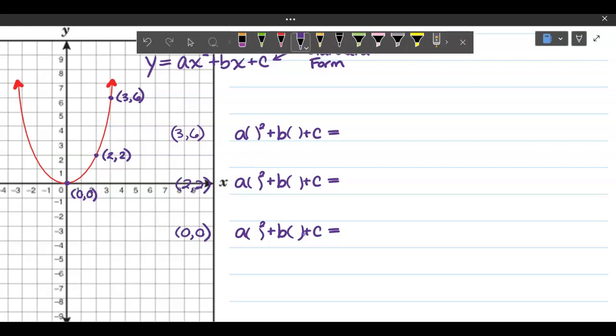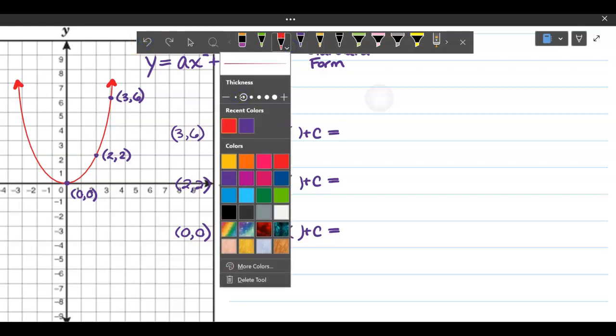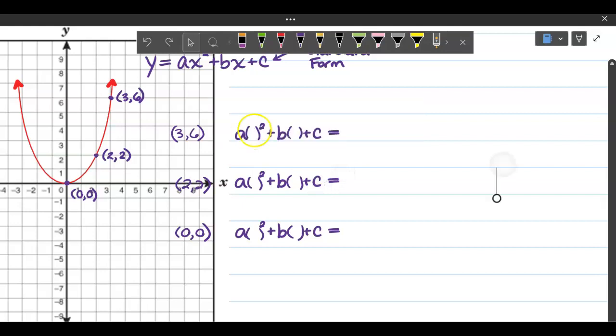And I'm going to write a new equation. I'm going to put the 3 wherever there was an x. And I'm going to put a 6 where there was a y. Here I'm going to put a 2 in place of x. And I'm going to put a 2 in place of y. And finally, 0 for x, 0 for y.